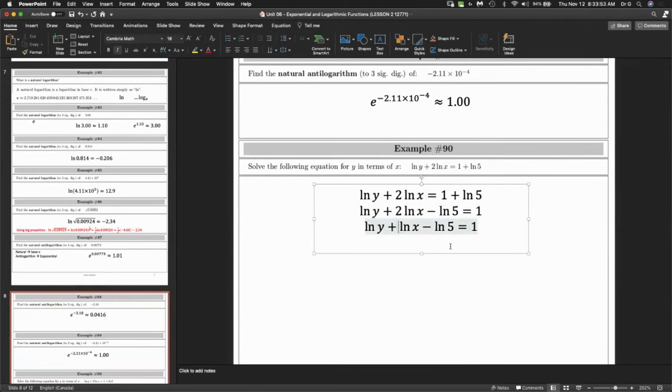So what you need to do is bring it up using the exponent rule, which we saw earlier in class today, like that. And now we can use properties of logarithms to merge these. So remember, when you're adding two logarithms, you multiply the inputs.